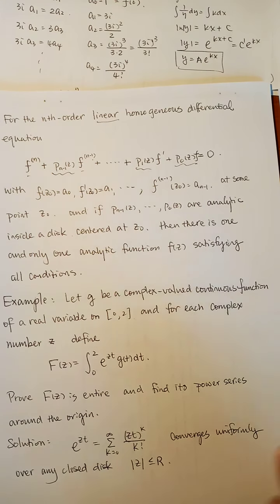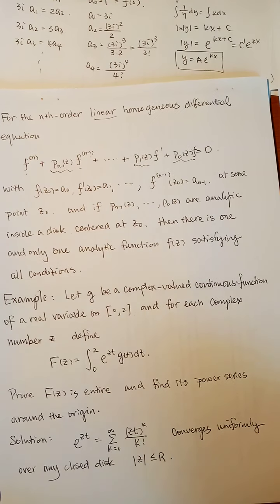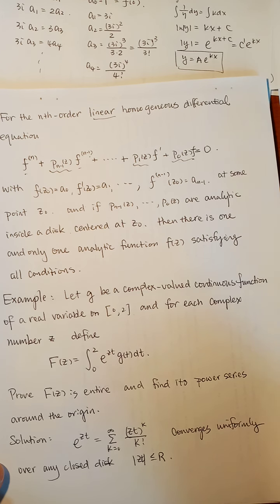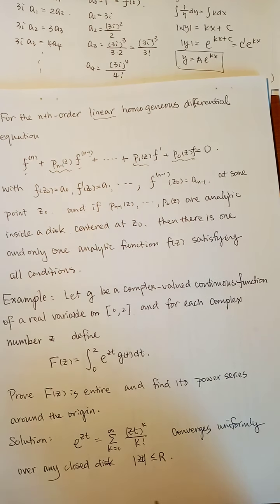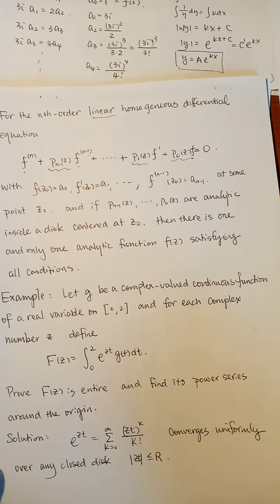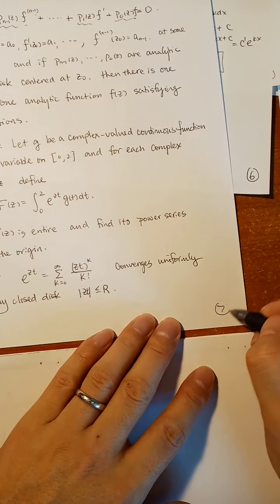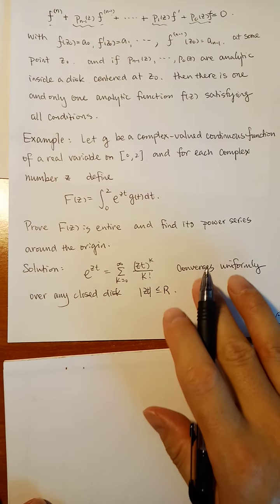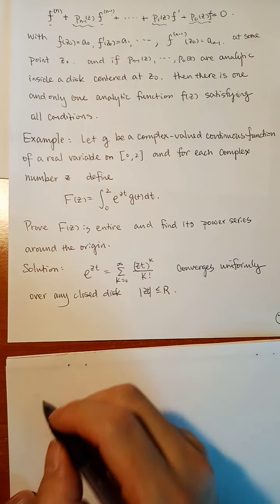So for whatever closed disk, it is always uniformly convergent. If you fix z, you can claim something about t, but here let's just put z and t together.